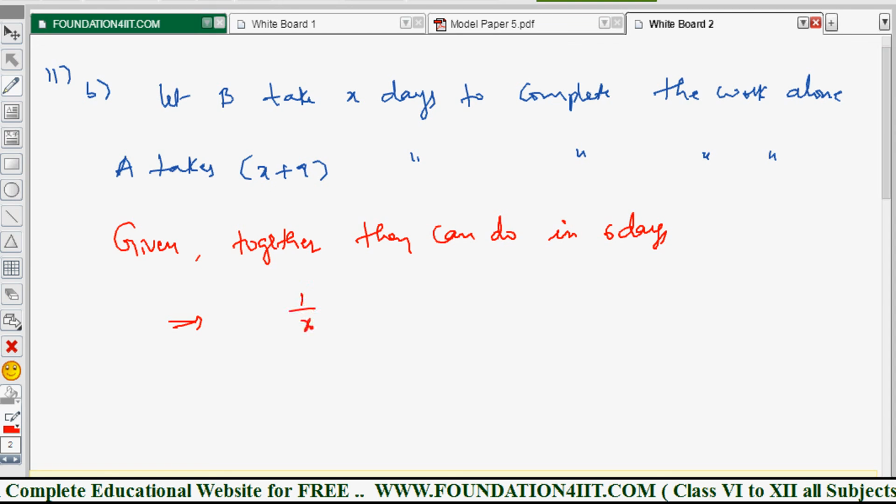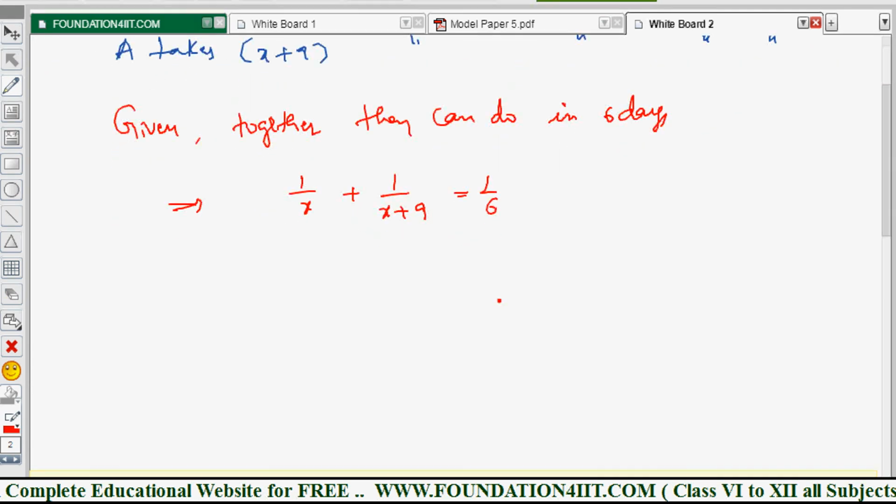So 1 by x plus 1 by x plus 9 is equal to 1 by 6. Because B can do the work in x days, so in one day he can do 1 by x part. x plus 9 is what A takes, so 1 by x plus 9 is A's one day capacity. That is equal to 1 by 6. Then if we simplify, we will get the value of x.